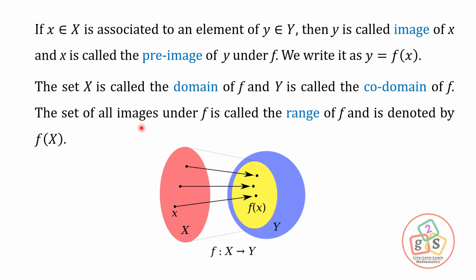The set of all images under f is called the range of f and is denoted generally by f of X. So every element in X, we have images, right? So collect all those images and we call it the range of f, denoted by f of X.